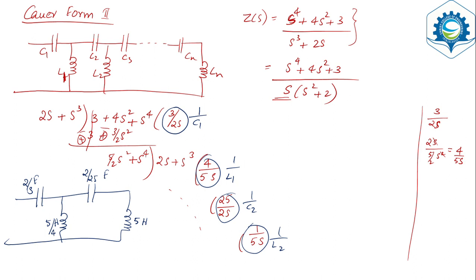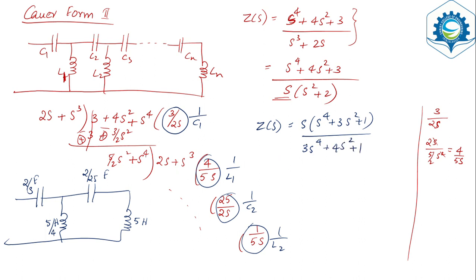Now, again, this part I'm just going to mention. You can do a problem on your own. You will check one last problem where Z of s is equal to s into s raised to 4 plus 3s square plus 1, whole divided by 3s raised to 4 plus 4s square plus 1.